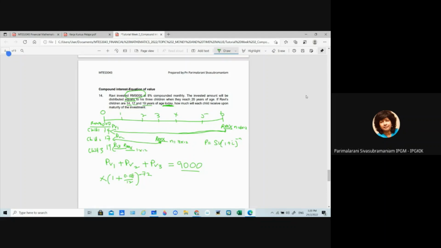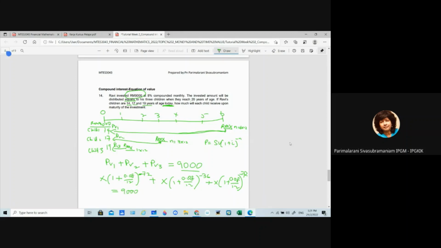So plus child 2. The earlier answer was correct, only the child was different. The second one will be 1 plus 0.08 over 12 to the power of negative 36, plus X times (1 plus 0.08 over 12) to the power of negative 72, and all this is equivalent to 9,000.